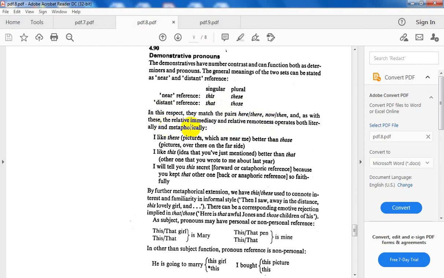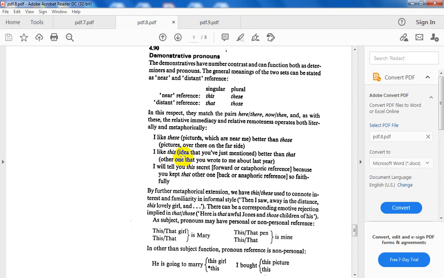As with these, the relative immediacy and relative remoteness apply both literally and metaphorically. I like these pictures which are near me better than those pictures over there on the far side. You see these, because it says near me, better than those pictures, which are on the far side, over there on the far side.